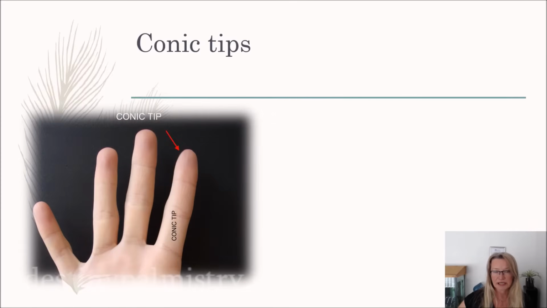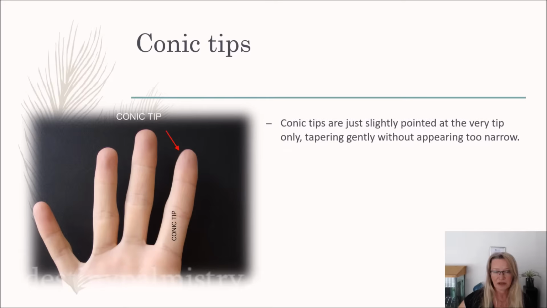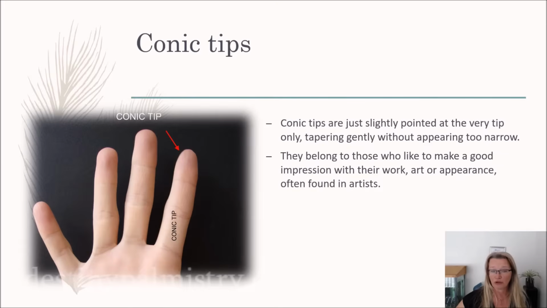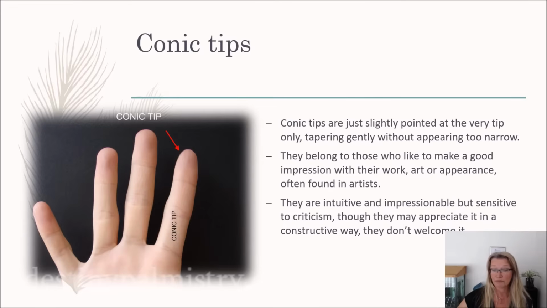So the conic tips are a little bit harder to pick because they're only usually slightly pointed at the very tip. It's usually only on the index finger, by the way. So these type of fingertips belong to those who like to make a good impression with their work, with their art, or with their appearance.